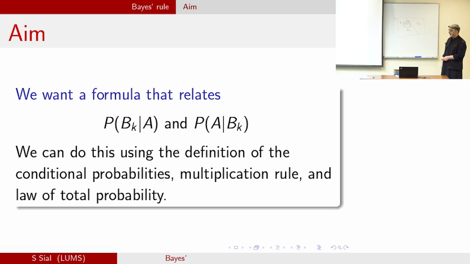Okay? And we're just going to do the same thing that we've been doing before. We take the definition of conditional probability, we rewrite the numerator, which is a probability of an intersection, with the multiplicative law, and we rewrite the denominator using this idea of a partition and total probability. Okay?